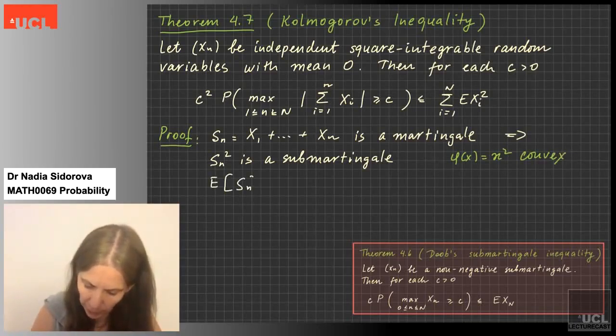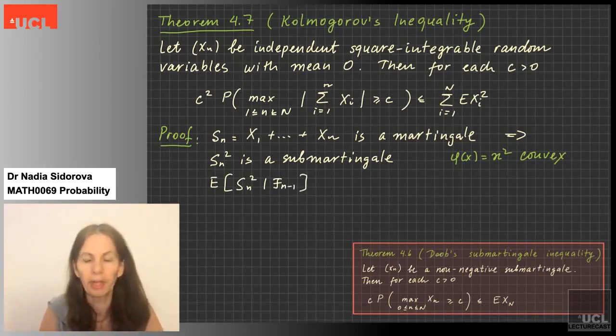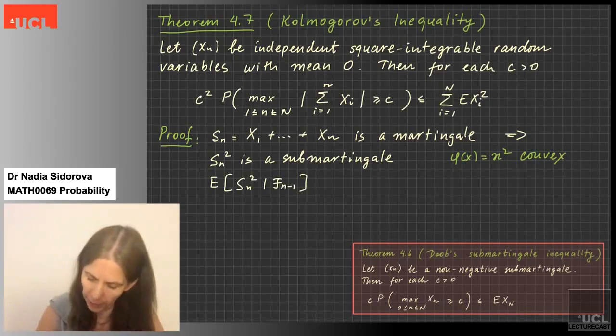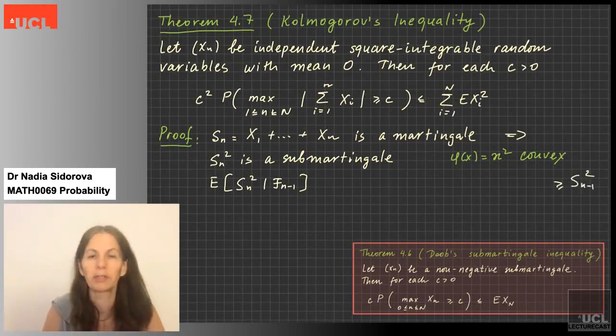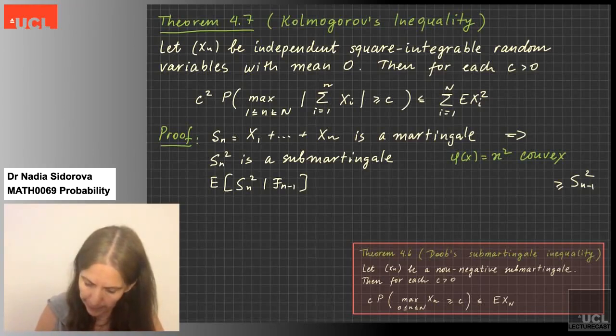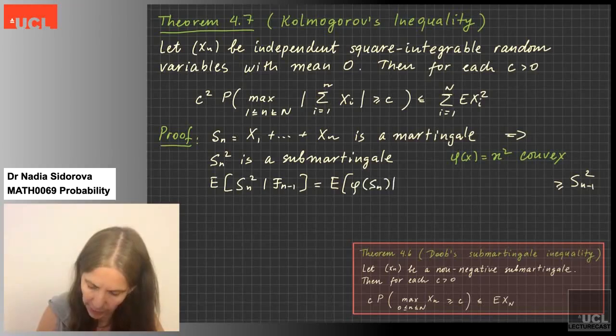So what I want to show is that this is greater or equal than Sn minus 1 squared. This would prove that Sn squared is a submartingale. I can write it in terms of my function phi, obviously.